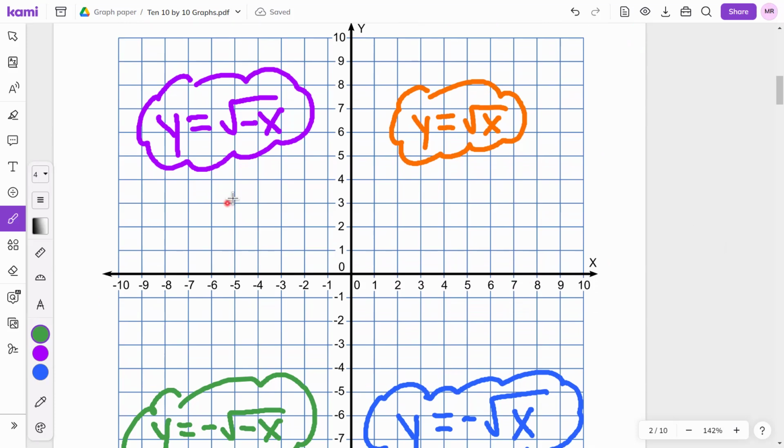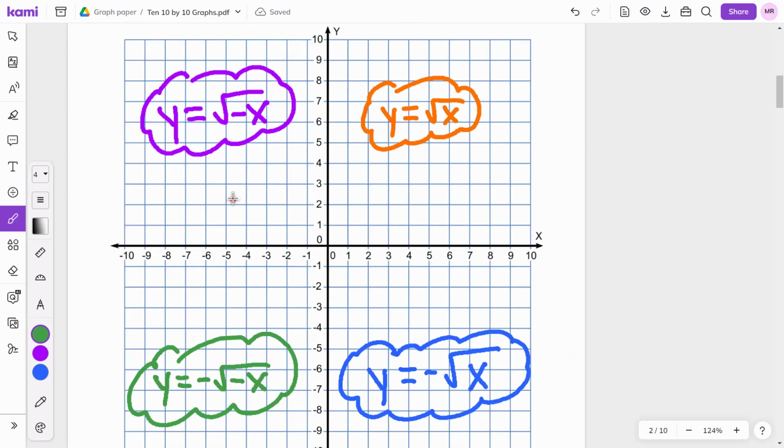Now, when I'm looking at these, you'll notice that these all look similar. This one is just the square root of x, which is the one I just graphed. This one is a negative square root of x, which is going to flip this across the x-axis.